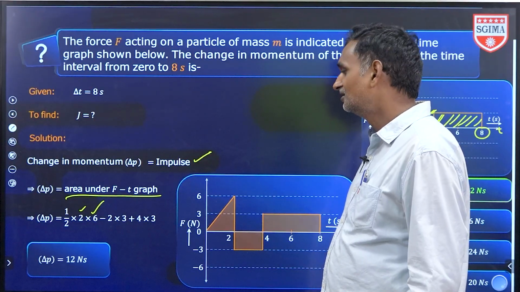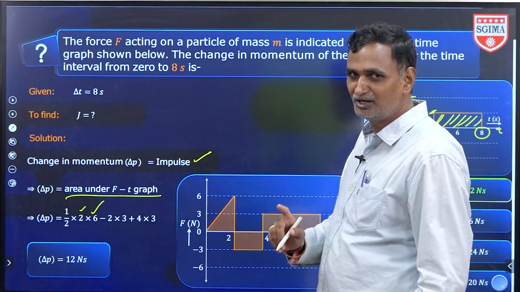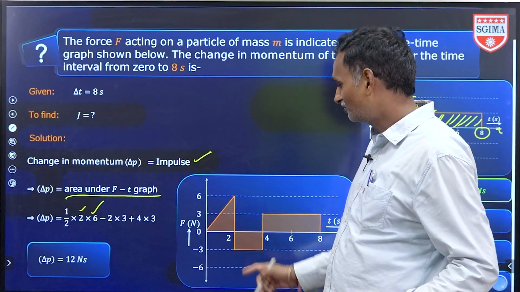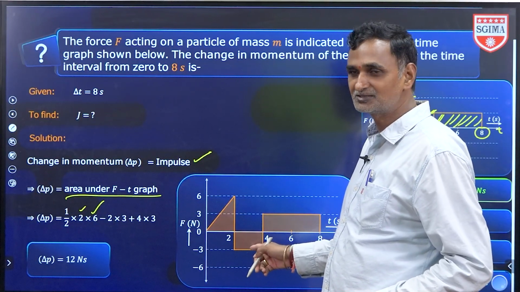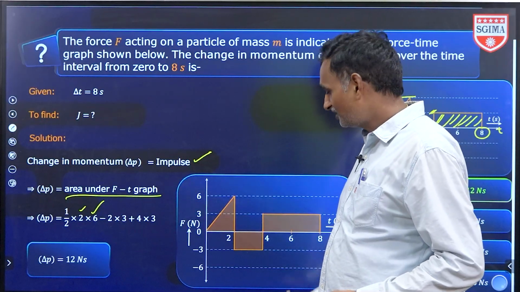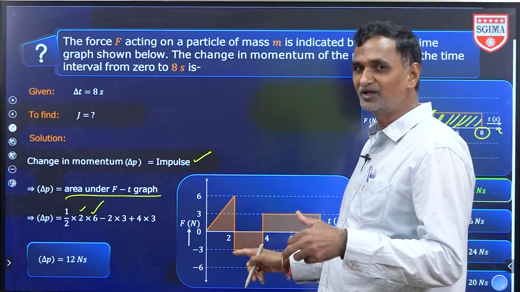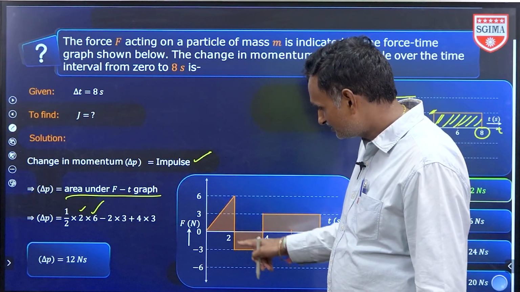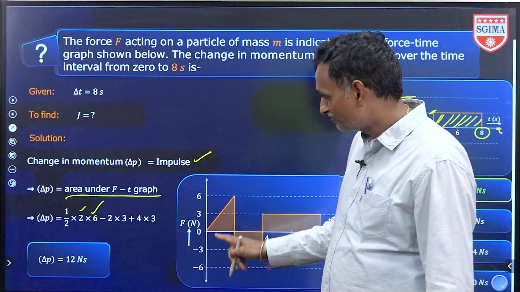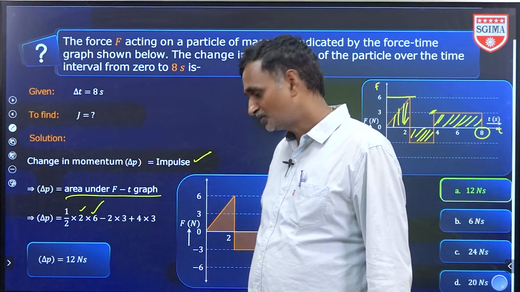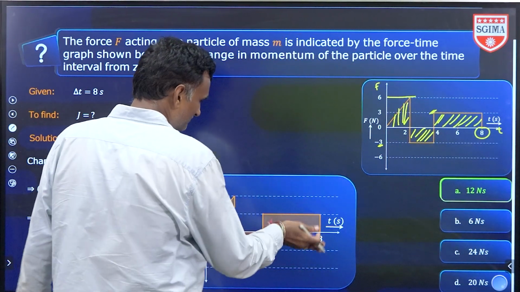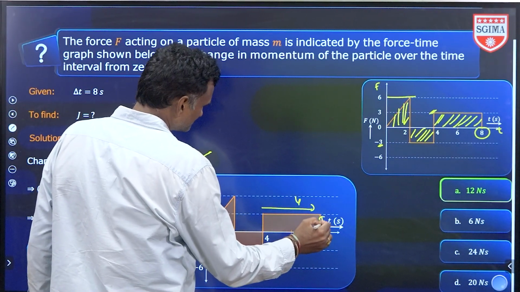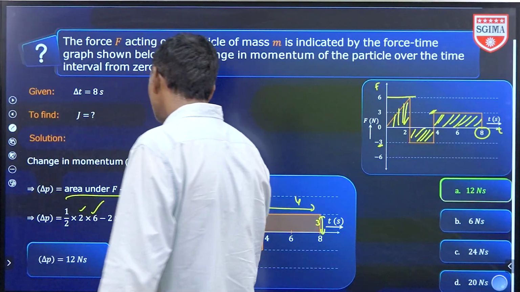Here the change in momentum is a vector, so we need to take that value. If the answer we are getting is a scalar, there is no bother about taking it as minus. We are getting a vector quantity, so definitely the value below the mean position is to be taken as minus. Then it is length into breadth. Breadth is 3, length is 4 minus 2, which is 2. So 2 into 3, plus, again above the mean position, this comes out to be 4 and this comes out to be 3, so 4 into 3.